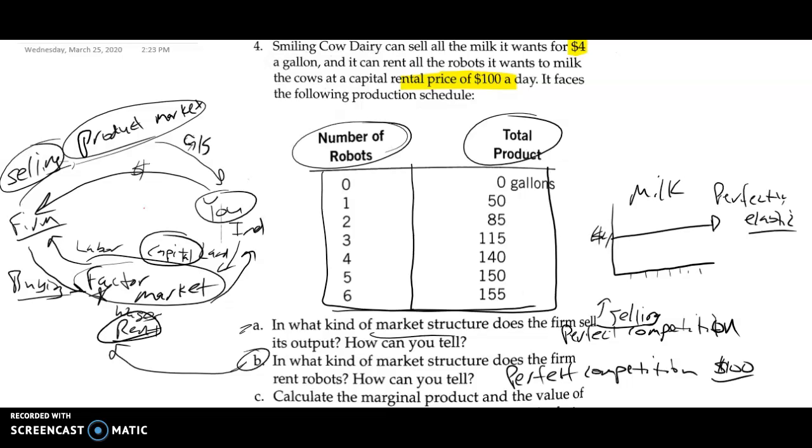They don't have to raise the wage or lower the wage to hire an additional one. They can hire as many as they want at the going wage, the wage that's set by the market. So they're selling in perfect competition, but they're also buying labor or robots in perfect competition. Okay, so those are just descriptor ones. The main reason we know that is these two details up here, $4 and $100: the same for all of them that they sell, the same for all of them that they buy.